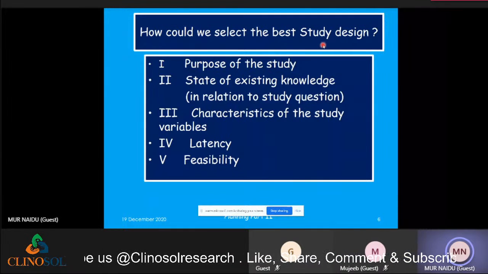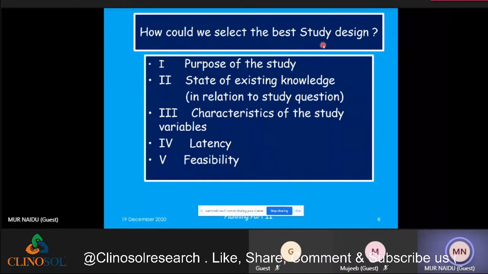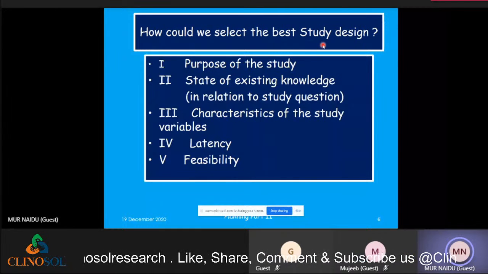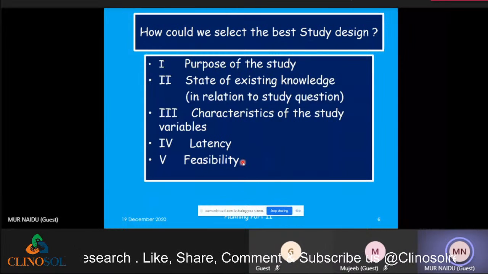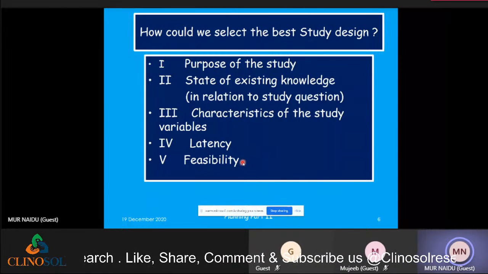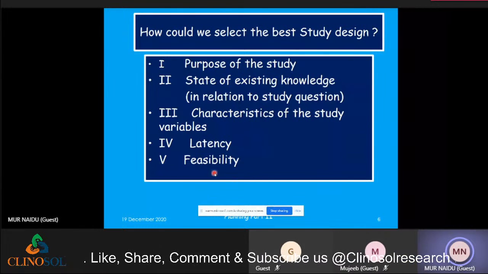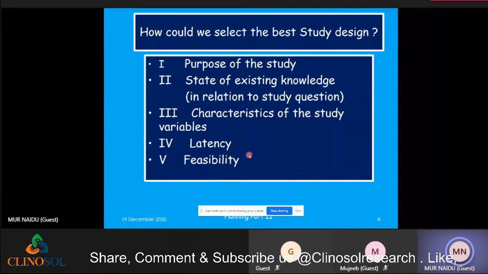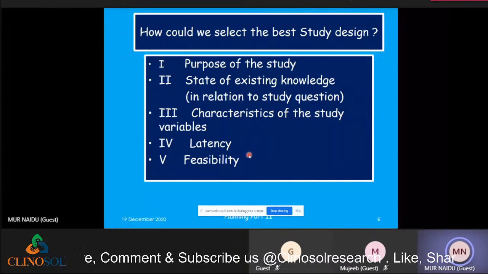You may be selecting a very good design, but you will find that it is not feasible to get this type of patient, or the patient will not come for a particular follow-up. So feasibility also should be checked. That's the reason I was telling that a pilot study is very, very necessary to see whether your particular design is feasible or not. So these are the five factors which you have to keep in your mind to design the best clinical research.